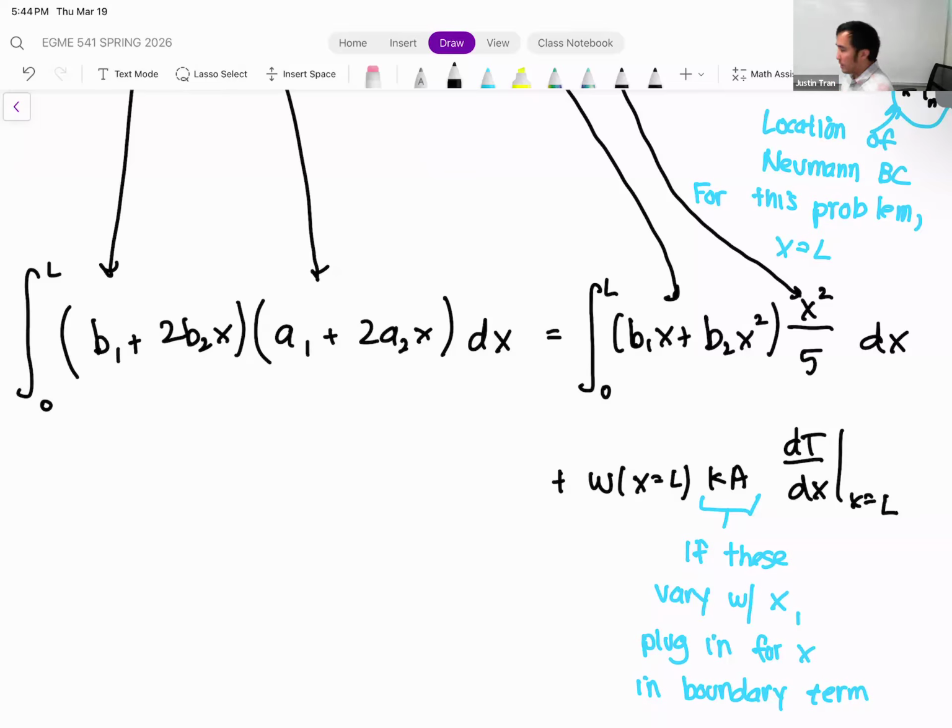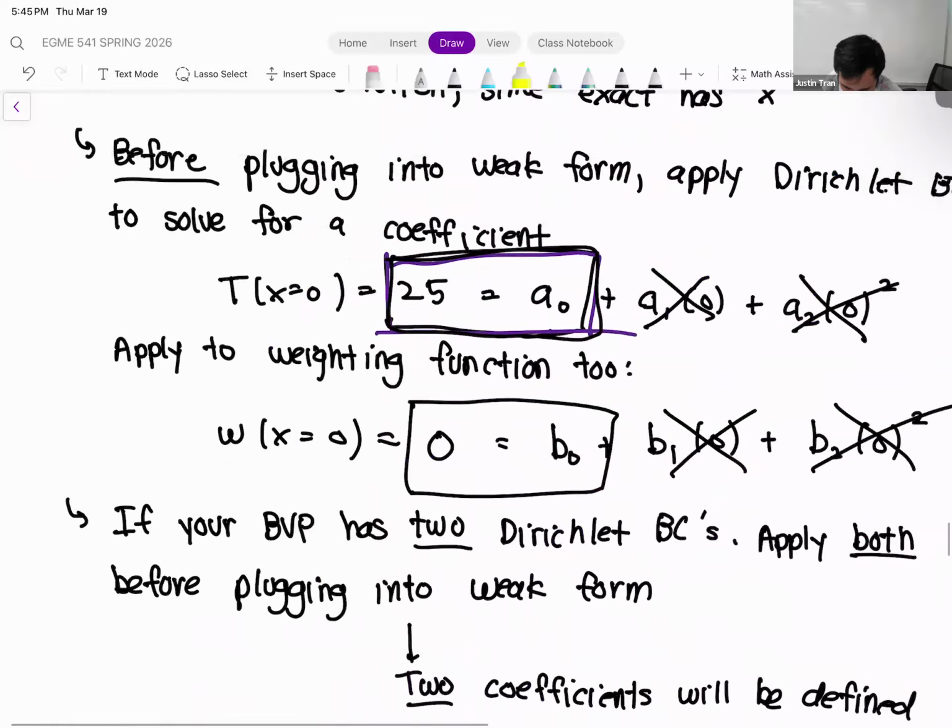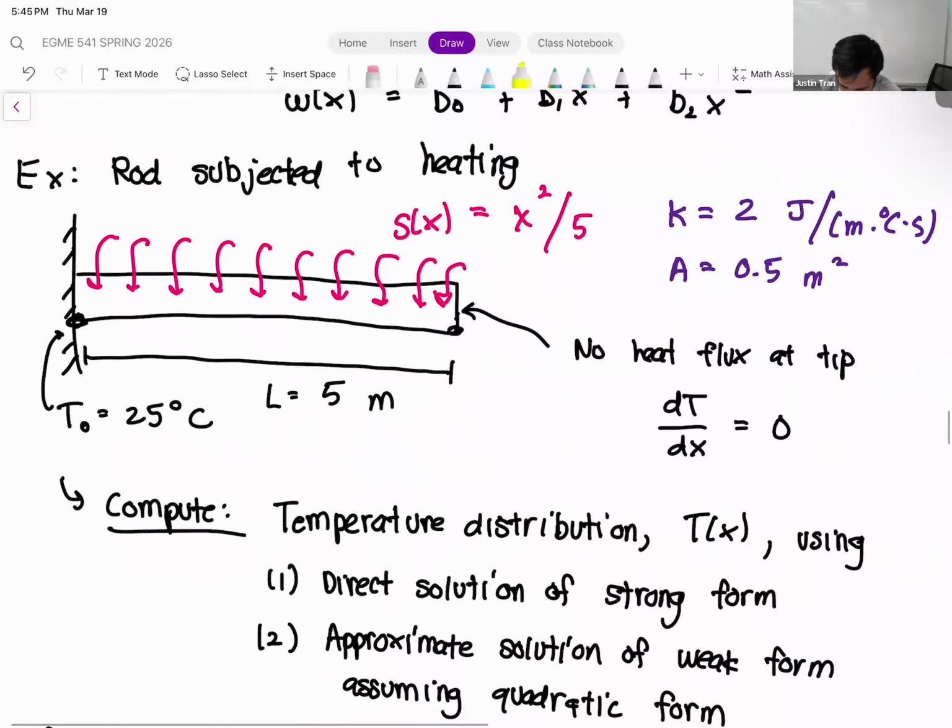All right, so let's go ahead and simplify this. And so actually, let's start from the right and work our way left. So first thing we have here is our Neumann boundary condition term, right? In particular, we have dt dx at x is equal to L. So let's go back to our problem and let's see what this value is based on our boundary conditions. Okay, so we come back up here, right? We know that on the right-hand side of the domain, we have derivative of t is equal to 0, okay?